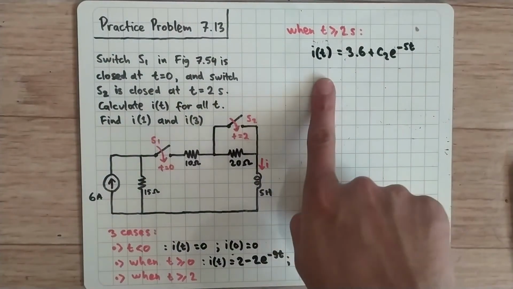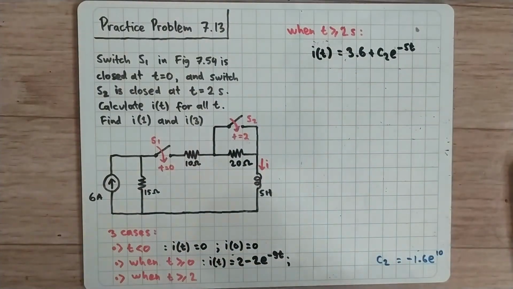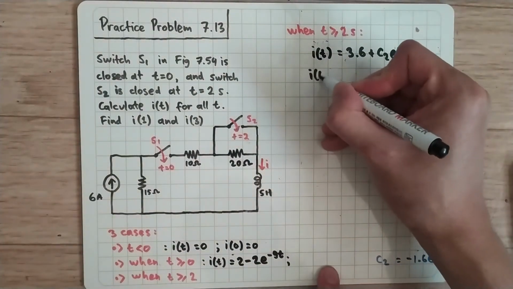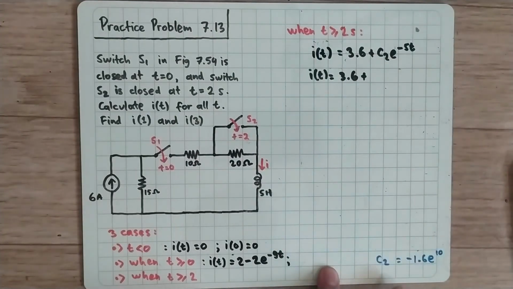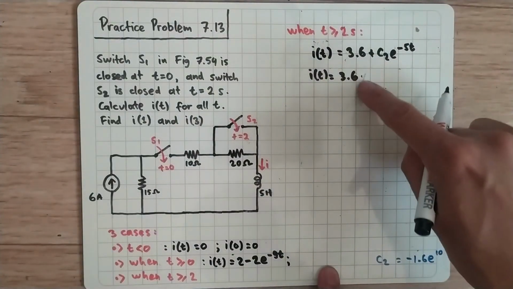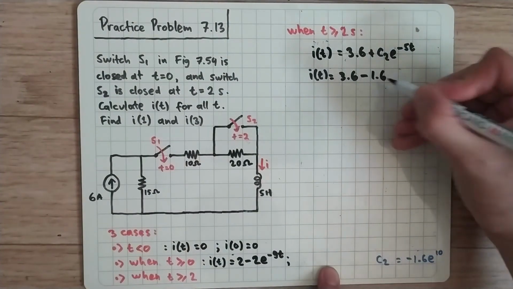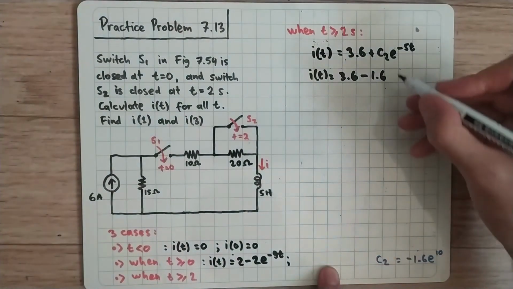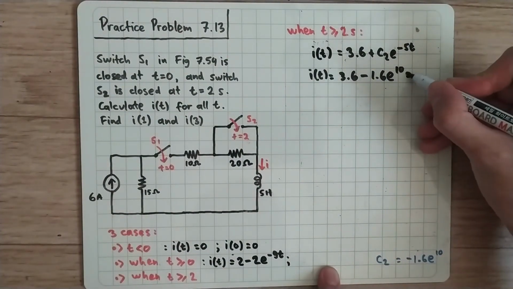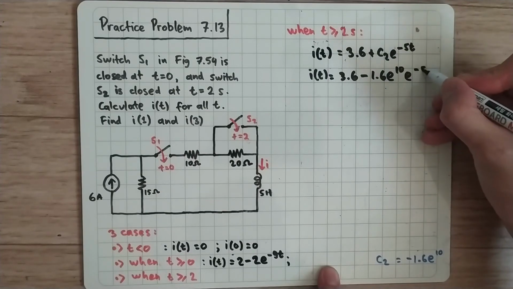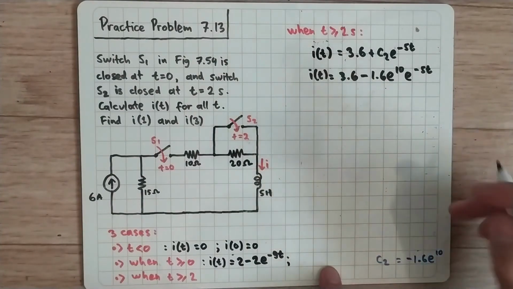Okay, this is the function of I, and now I need to plug in this C2 into this function. So I will have I is equal to 3.6 plus C2, which is minus 1.6 e to the 10, and then multiplied by e to the minus 5t. But we can join this.